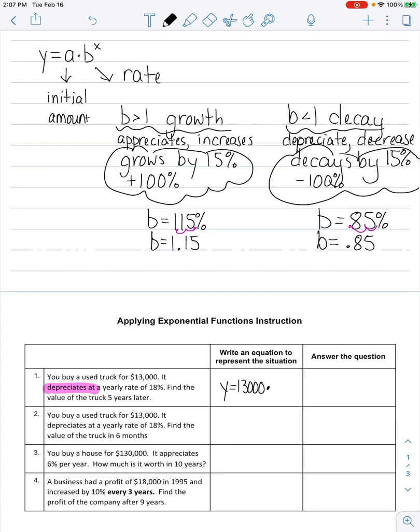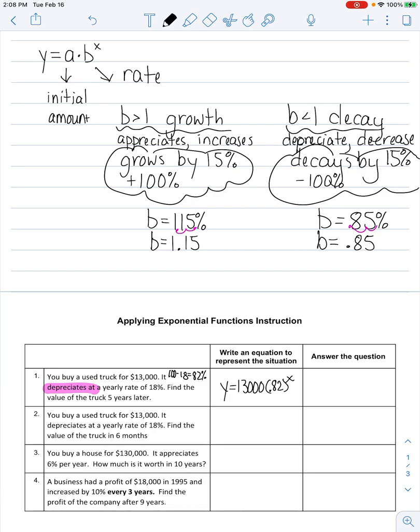It depreciates 18% a year, so I'm going to do 100 minus 18%, and that gives me a decay rate of 82%, but remember we want to change that to a decimal, so 0.82 raised to the x power.